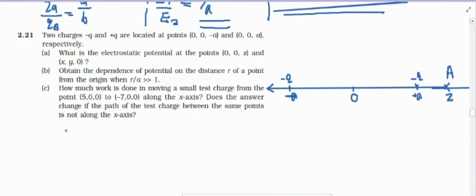Potential V is equal to, first, the potential due to the negative charge.